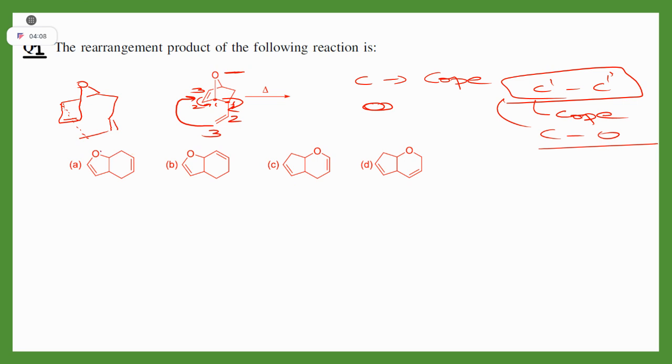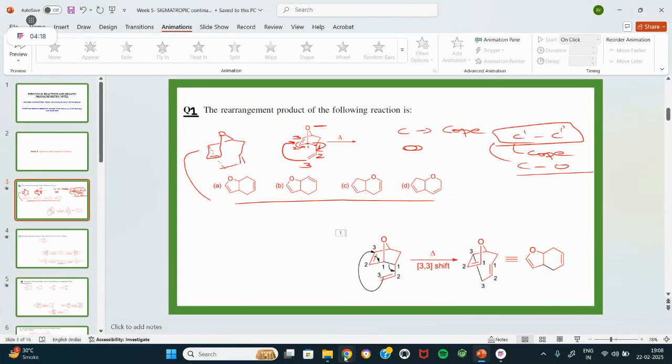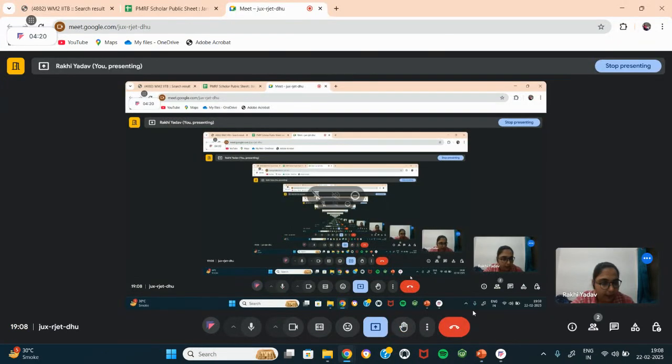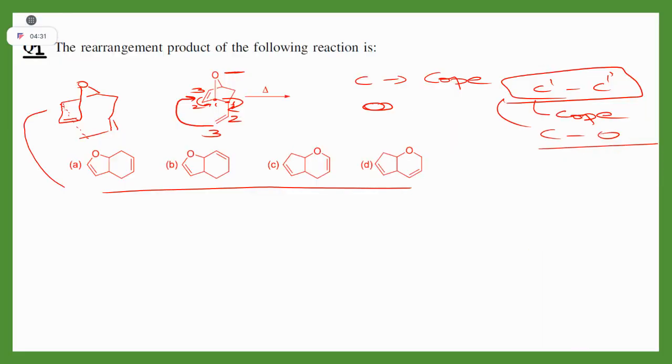Now the only thing remaining is to convert this to your options given. Correct? I hope I am clear to everyone.